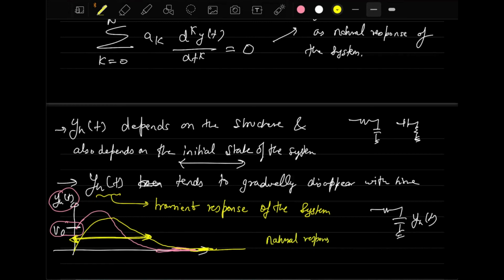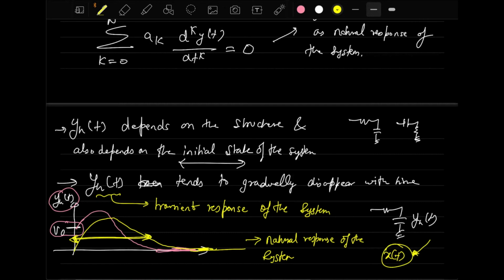Why is it called the natural response of the system? It is called the natural response because you are not putting any xt into the system. You are not forcing the system to respond to xt because your xt is 0.